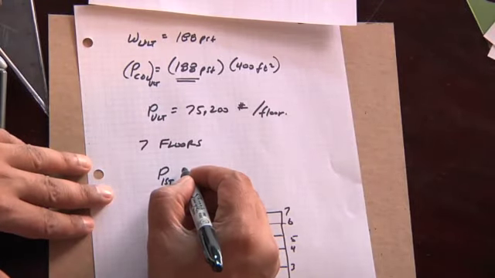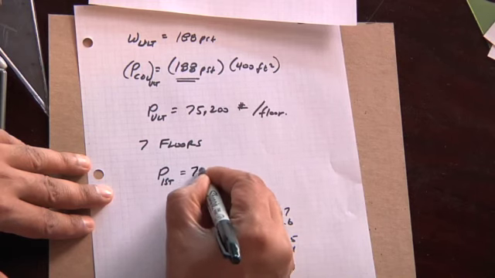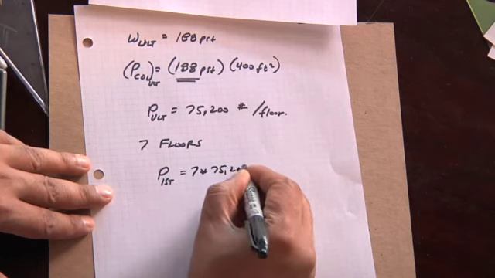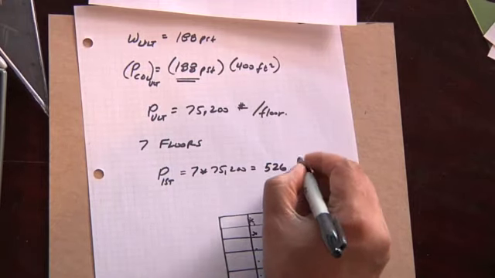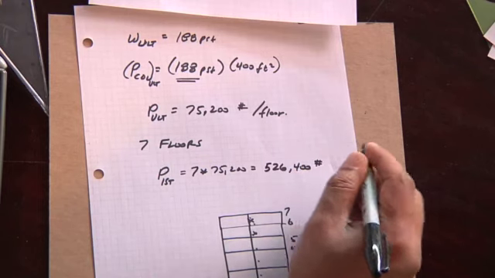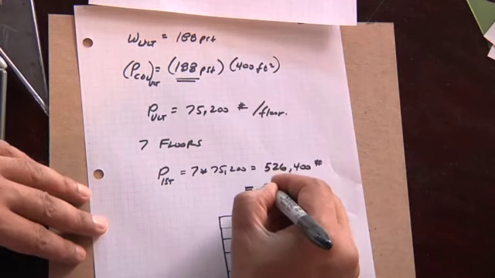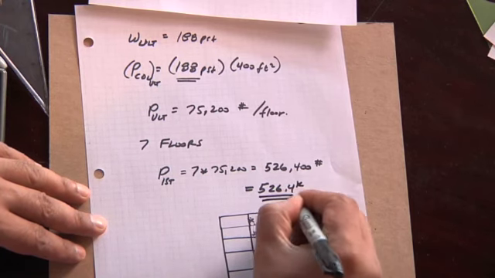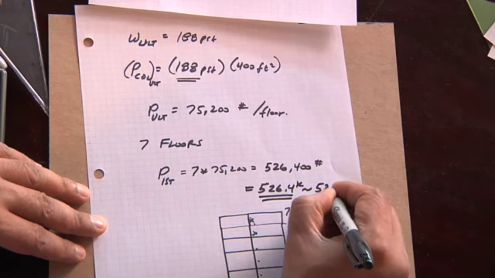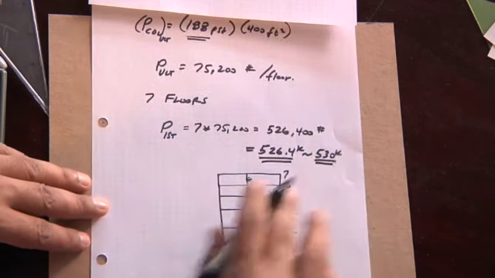So my first floor load is going to be 7 times 75,200. The answer is 526,400 pounds, or roughly 526.4 kips, which we can round up to 530 kips. 530 kips is about 500,000 pounds on one column.